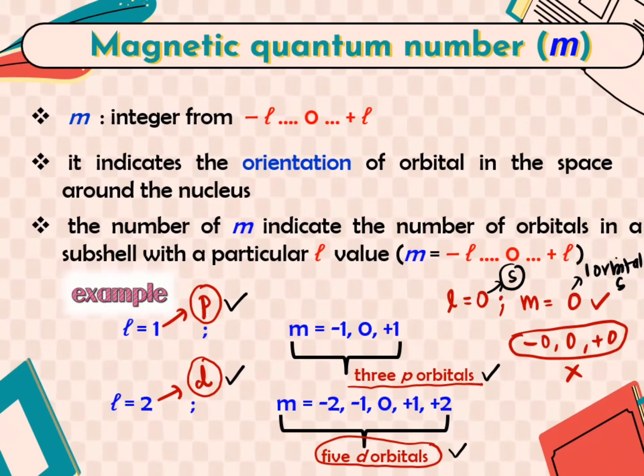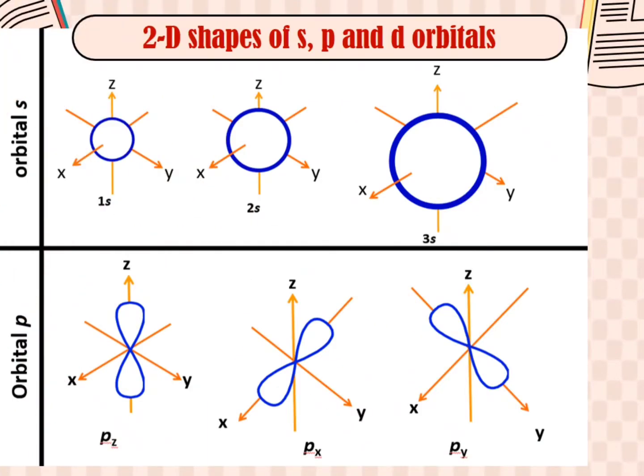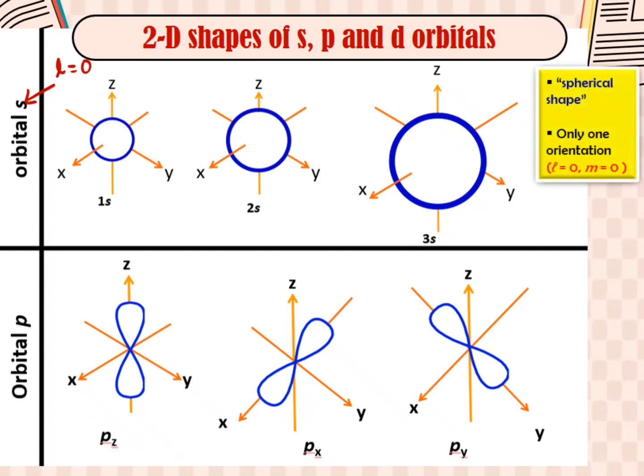Boleh nampak? Okay, now we look at the shape of orbital. Just now I already explained to you about n, l, m. Okay, so shape of orbital depends on l. So kalau orbital s here, dia adalah l equal to 0. Okay, so kalau awak lihat, look at the shape of s orbital.